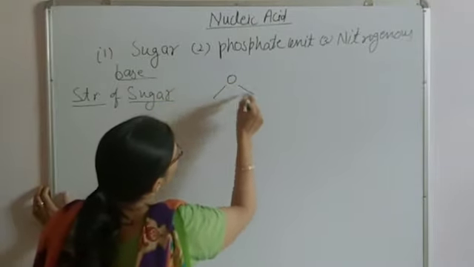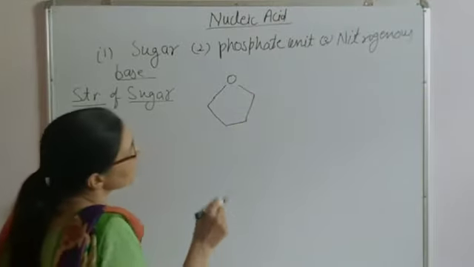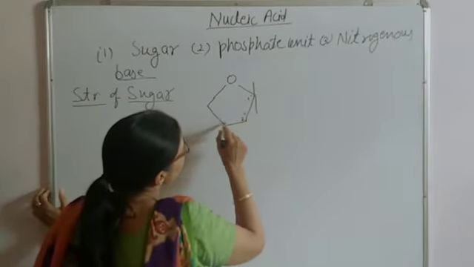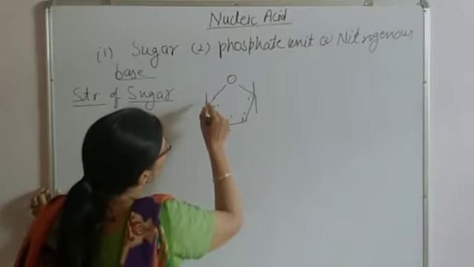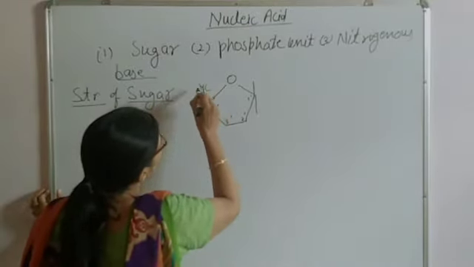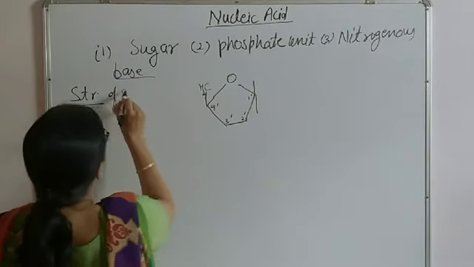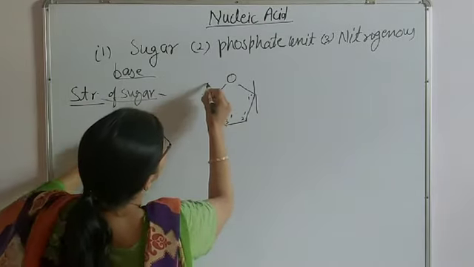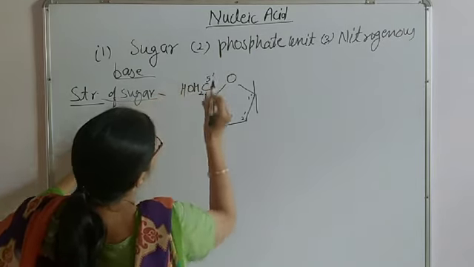You have to draw a pentagon. In this pentagon, this is the 1 dash, 2 dash, 3 dash, and 4 dash numbering, and this is CH2OH, which is the 5 dash numbering.